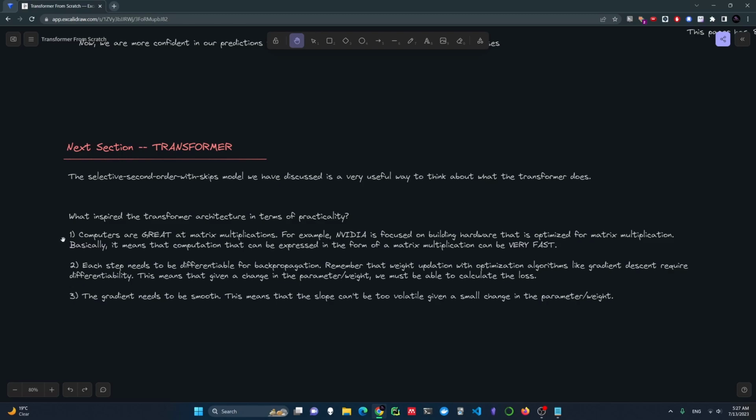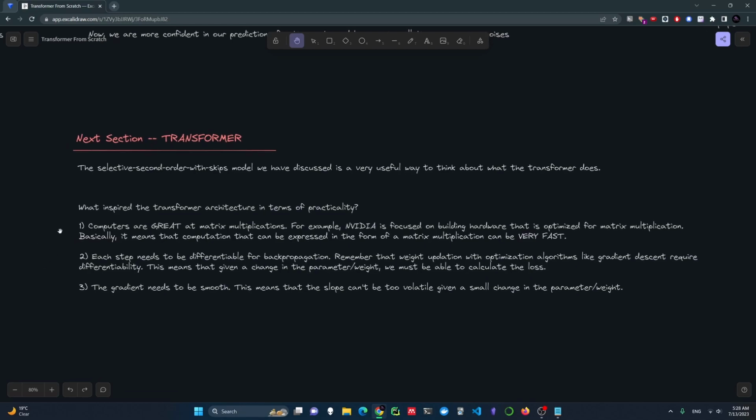Well, the first thing we have to consider is that computers are great at matrix multiplications, right? So NVIDIA is focused on building hardware that is optimized for matrix multiplication. Basically, it means that any computation that can be expressed in the form of a matrix multiplication can be extremely fast. So whenever possible, we want to express things as matrix multiplications.